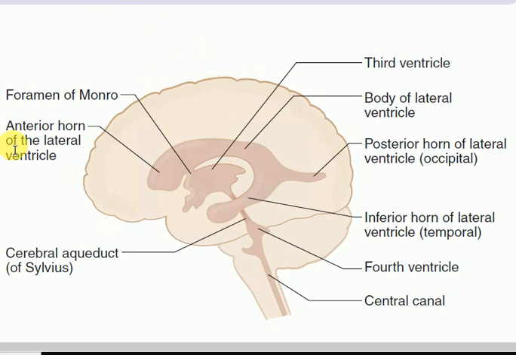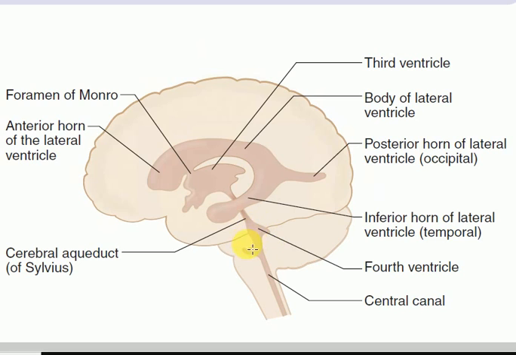The next point is that in parts of all of the ventricles, we have the choroid plexus. There are two lateral ventricles, a single third ventricle, and the fourth ventricle. They all contain choroid plexus.